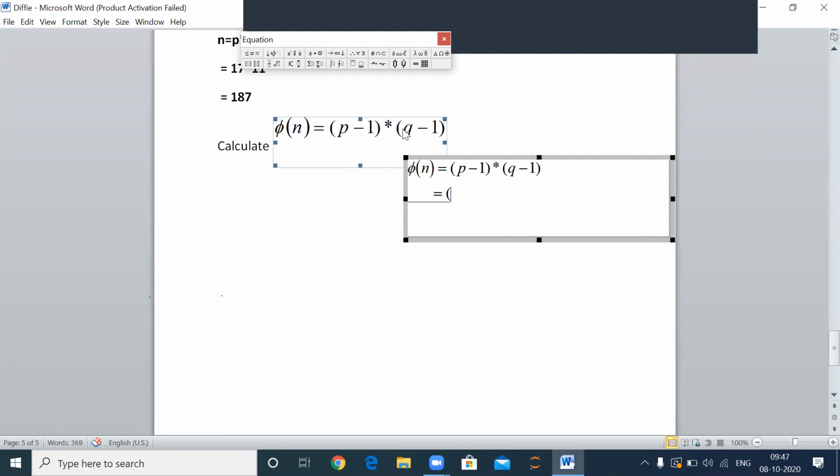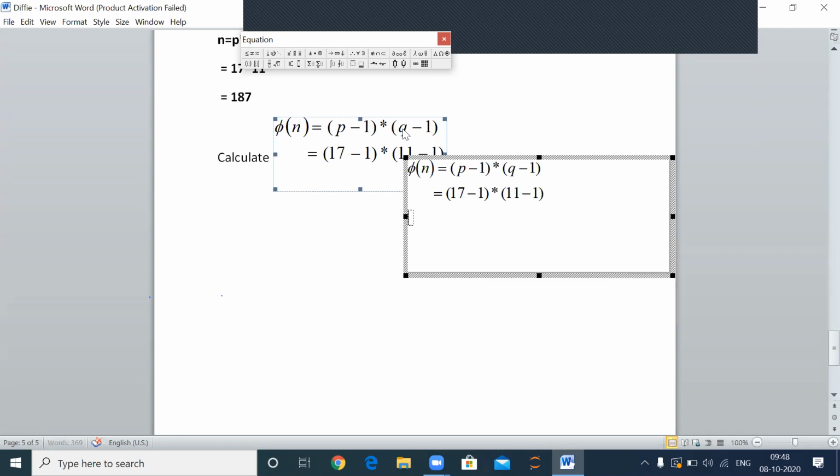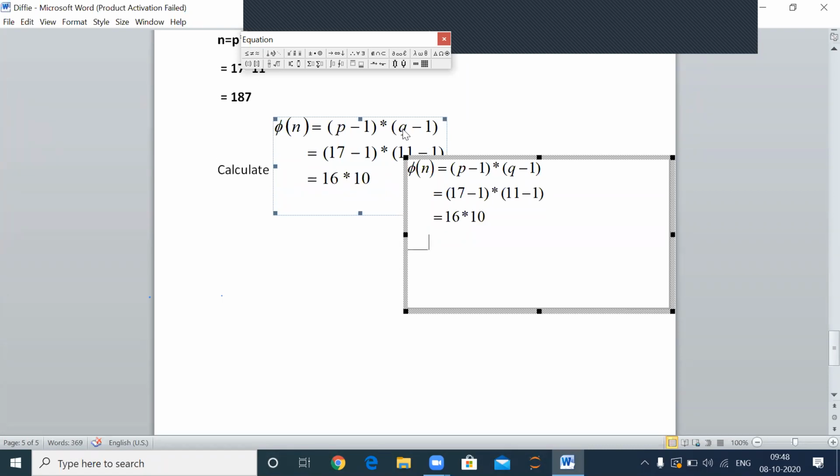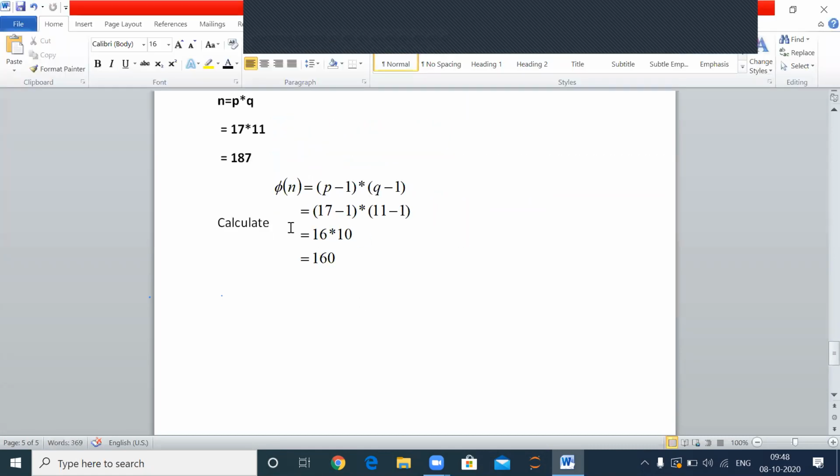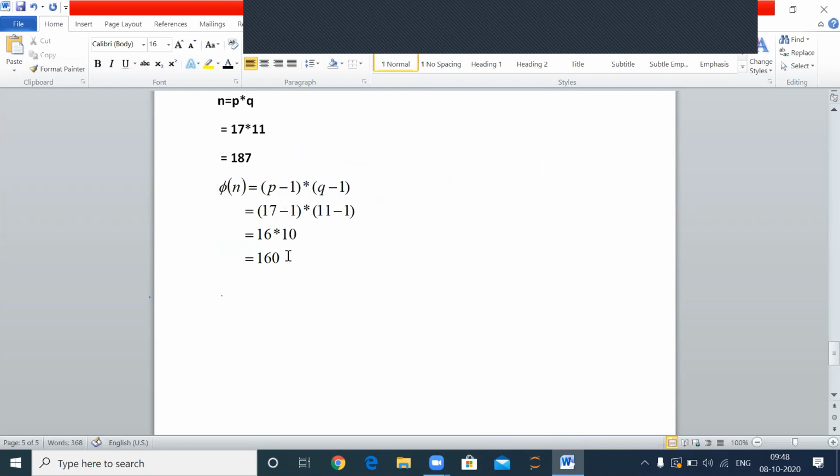What is P? 17 minus 1, into Q. Q is 11, minus 1. That's nothing but 16 into 10, that is 160. This is phi of n. Right? This is phi of n.